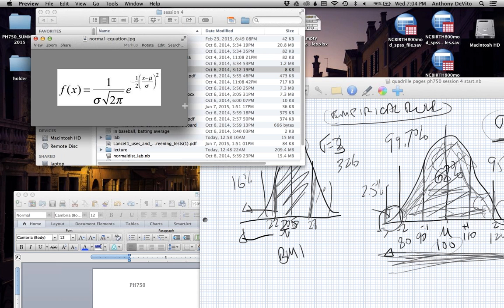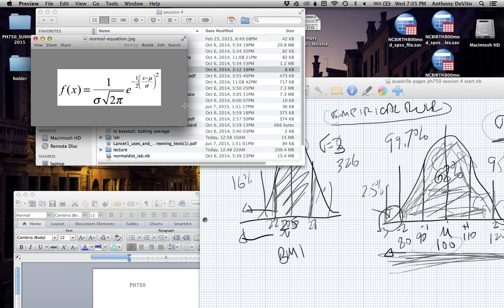So it gives us that bell-shaped curve. That formula represents that line. And since we have a formula that represents that line, it's possible for us to use that formula to calculate all the other points that we don't have in the empirical rule.